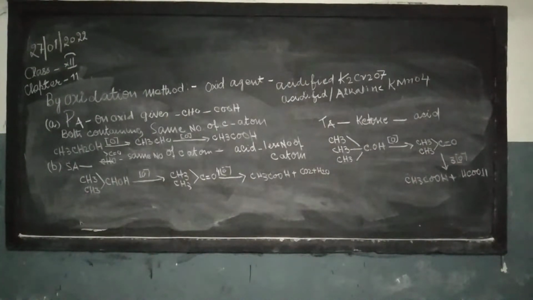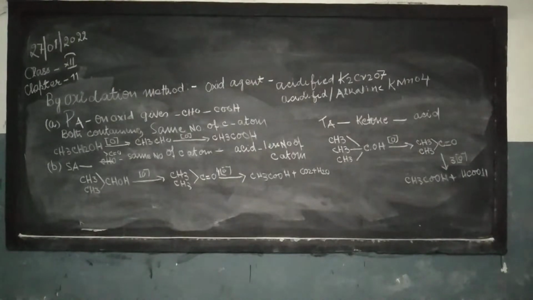So there were 3 carbon atoms in the ketone, but now in the acid there are only 2 carbon atoms. So it contains less number of carbon atoms than the original alcohol. But the ketone contains the same number of carbon atoms as in the original alcohol.